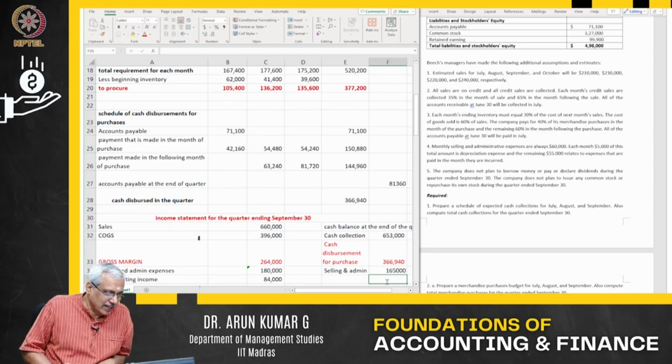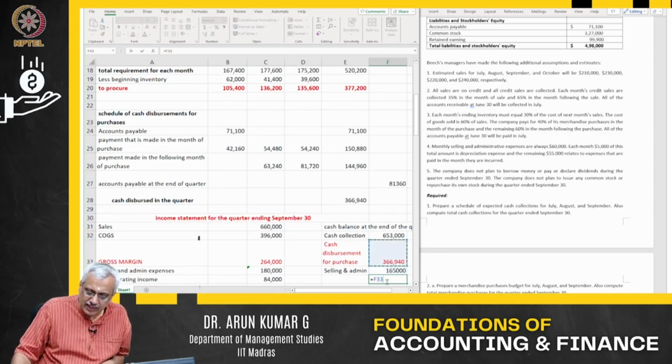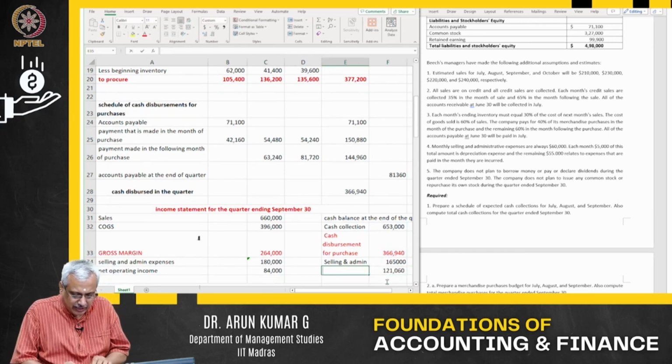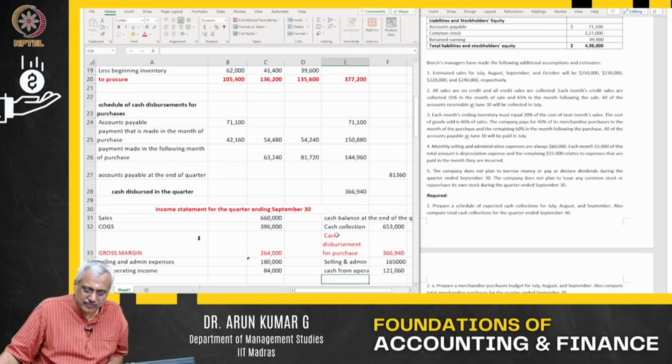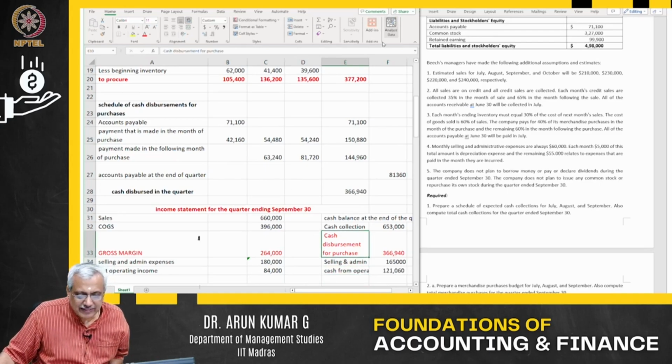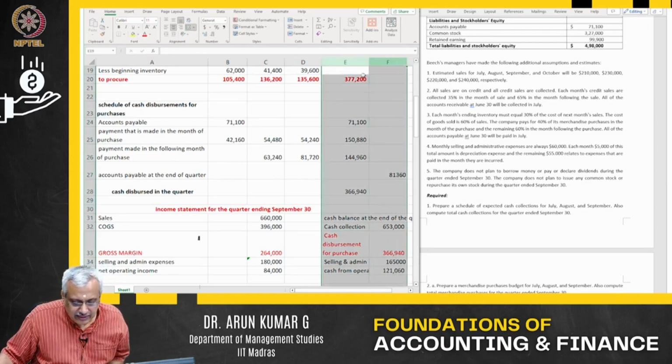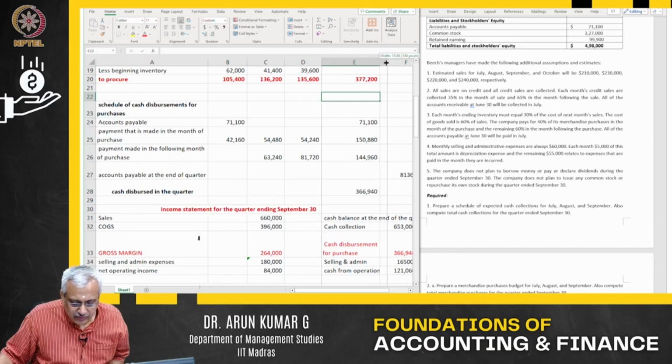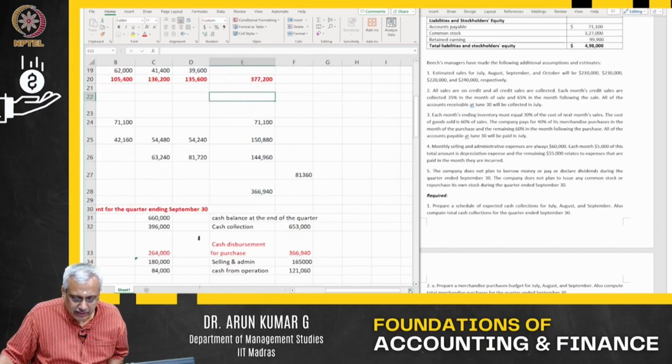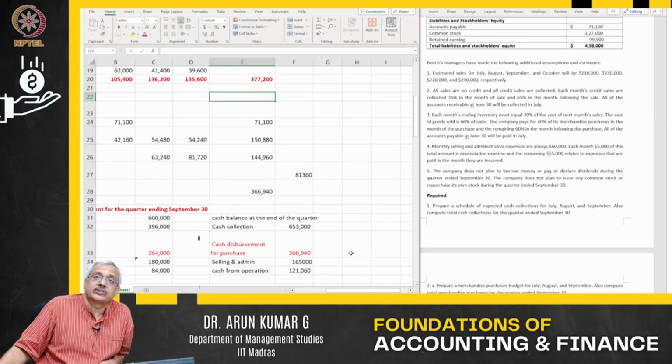What is the cash balance that you will have from your operations? Cash from operations out here is about 1,01,060.